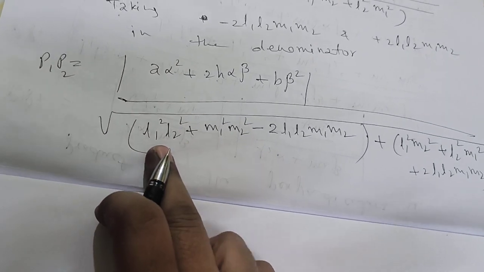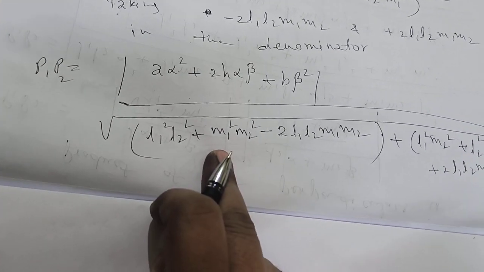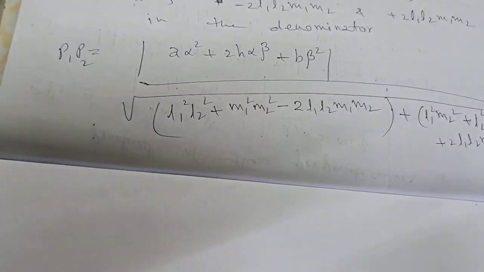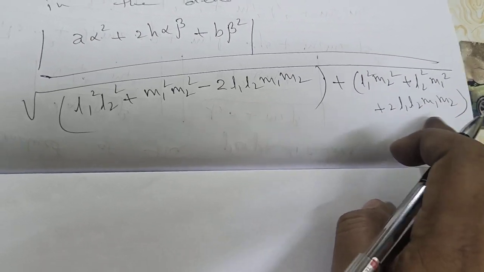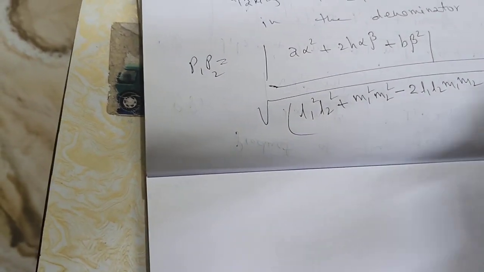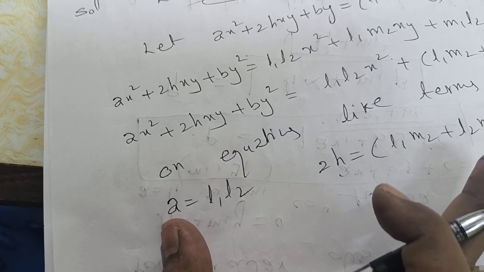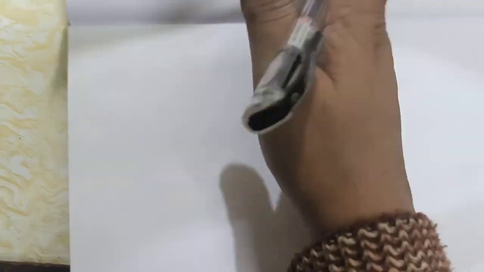Now we know that l1 square l2 square plus m1 square m2 square minus 2 l1 l2 m1 m2 means it is A square plus B square minus 2AB. It becomes like this, and this is l1 square m2 square plus l2 square m1 square plus 2 l1 l2 m1 m2, which means we have 2H. Already we have taken the values here. l1 l2 means A, m1 m2 means B, and 2H is this value.